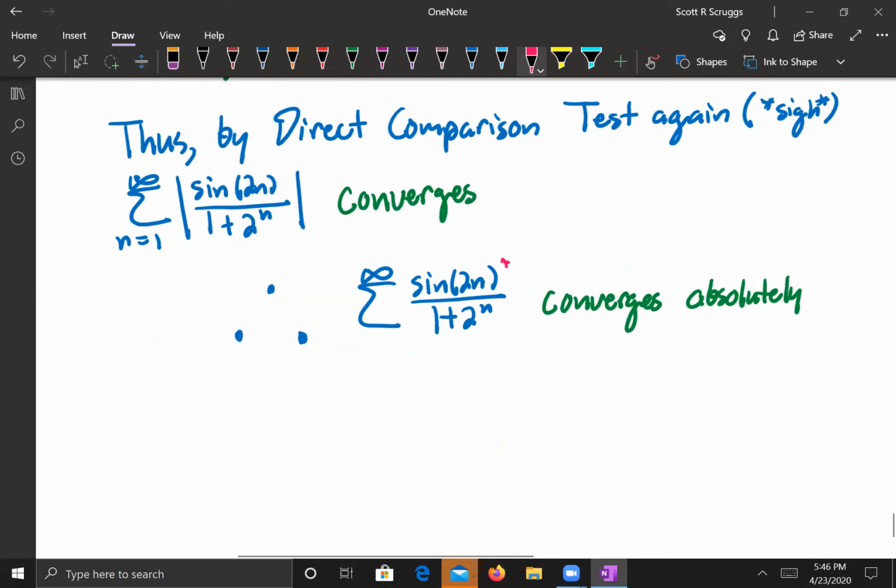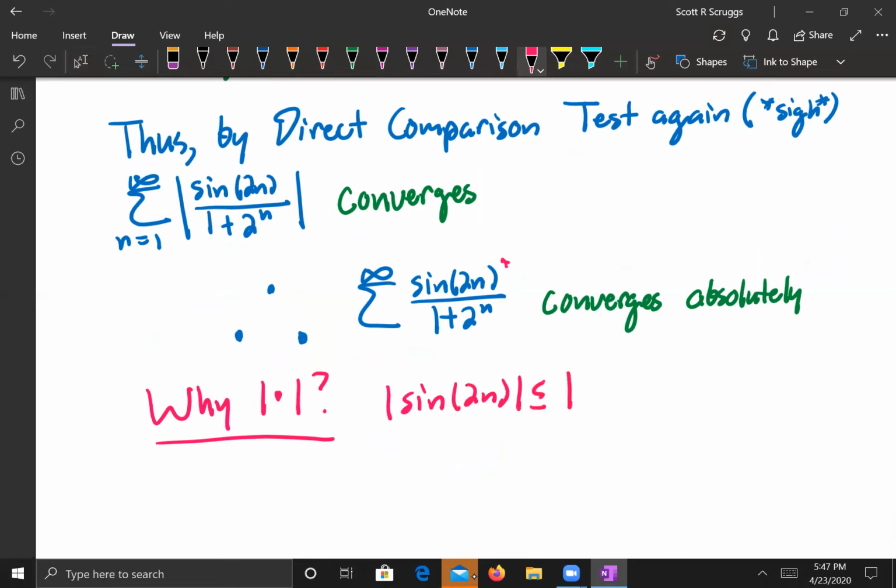So that's why I'm taking it with the absolute value. So why the absolute value part? My main observation why is because regardless of whatever is inside the sine function, it is always bounded between -1 and 1, which means the absolute value of sine is less than or equal to 1.